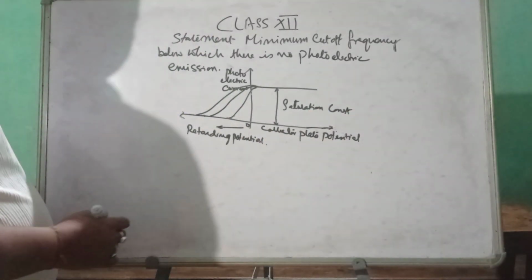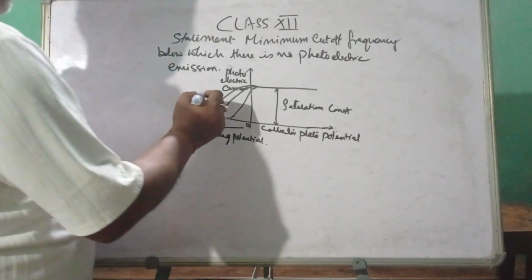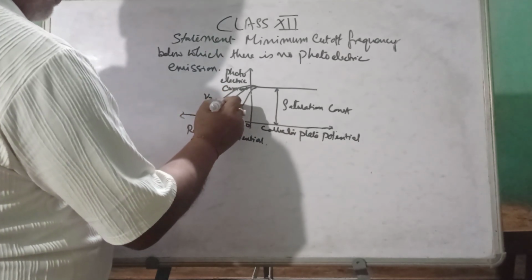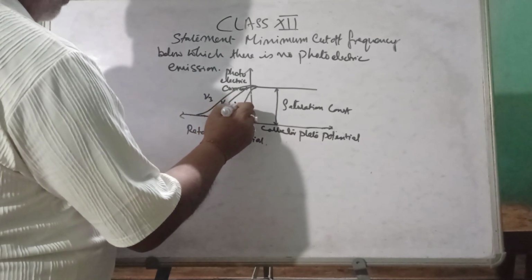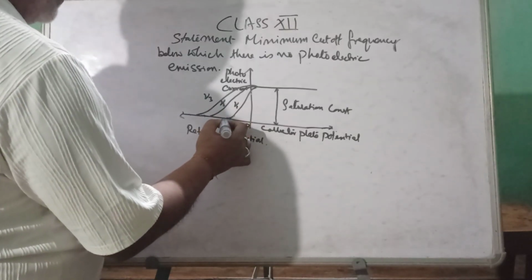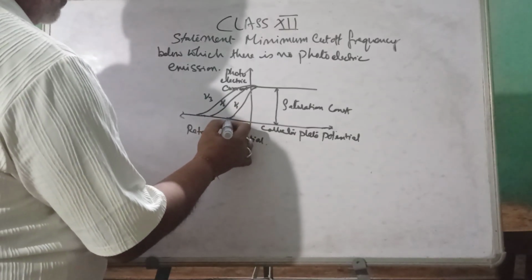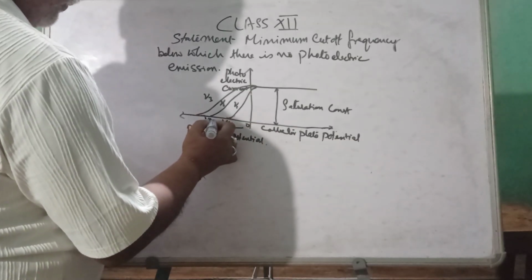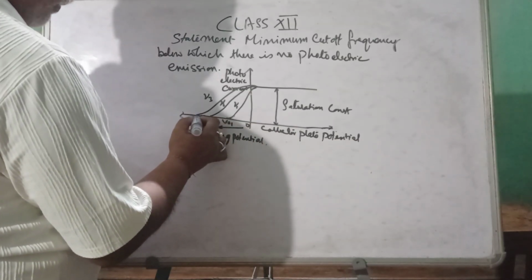Now they took different frequencies. So let this be frequency 3, frequency 2, frequency 1, and they got different stopping potentials. Let these be V0 1, V0 2, V0 3.